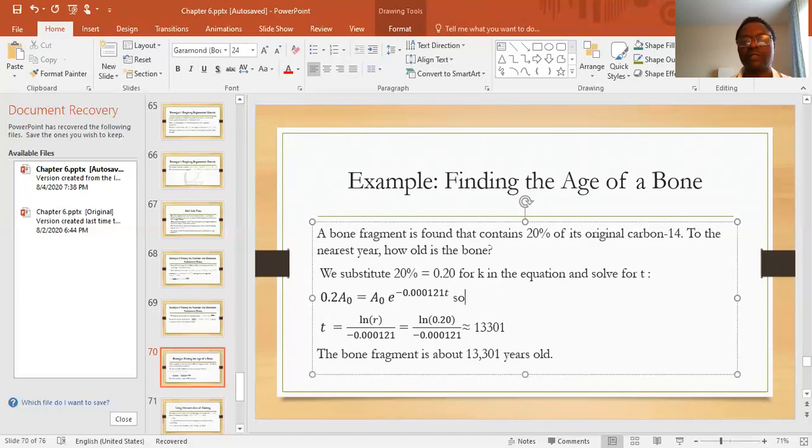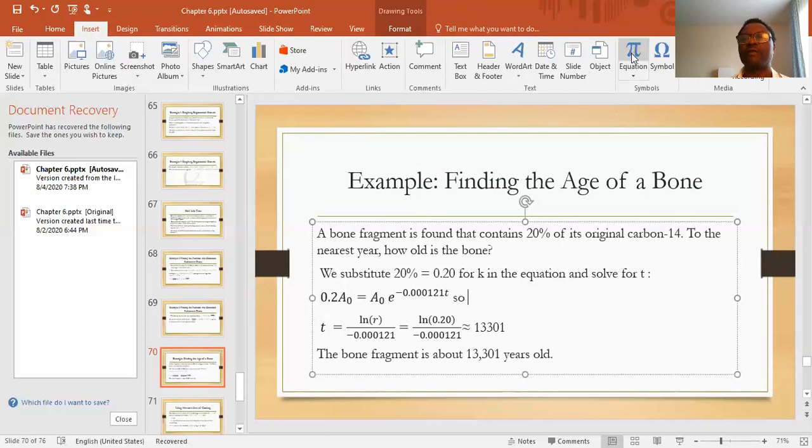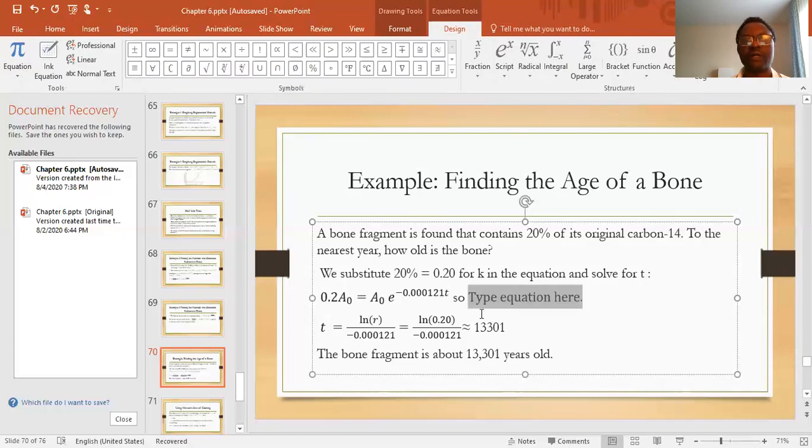I did not write that equation, so I want to write it now. 0.2, A0 is cancelled, is equal to e raised to power negative 0.000121 t.